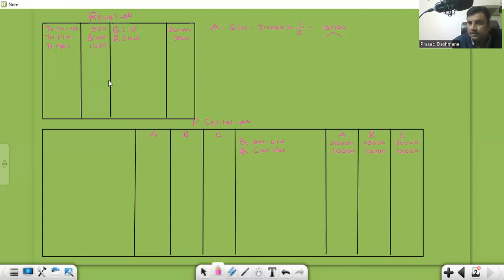So we are going to split this goodwill in the gain ratio. Why? Because old and new, both ratios are provided in the sum. The formula for gain ratio is new ratio minus old ratio. Sorry, not for A. We'll calculate the gain ratio for B and C. For B, the new ratio is 3/5.